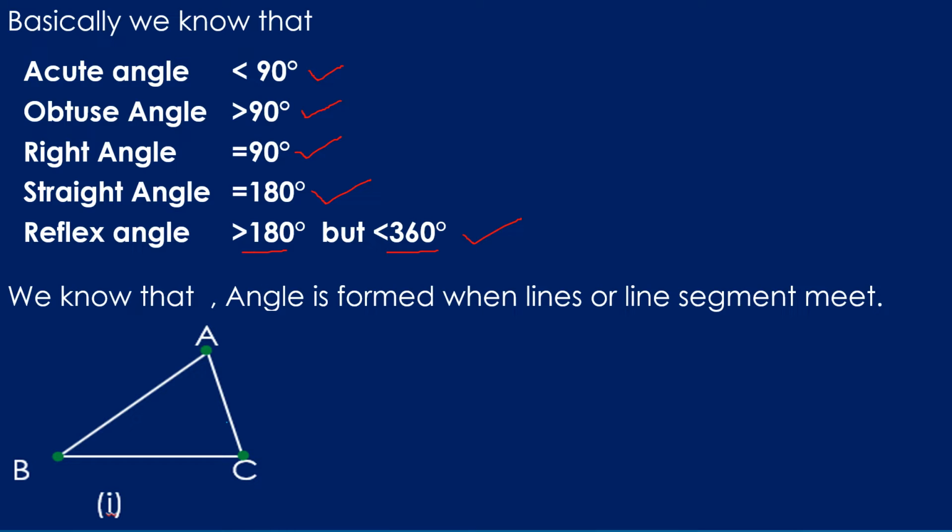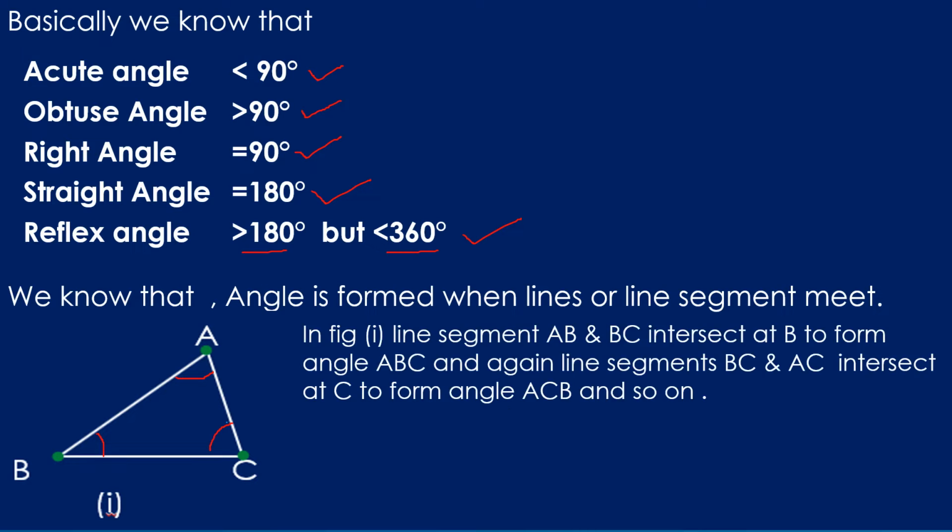Here we have a triangle ABC and also we have three angles, angle 1, angle 2 and angle 3. So let us understand how these angles are obtained. So here let us have two segments, line AB and BC that intersect at point B and angle ABC is obtained.